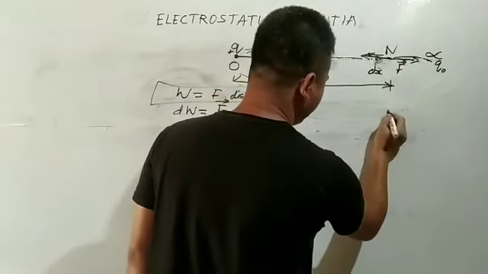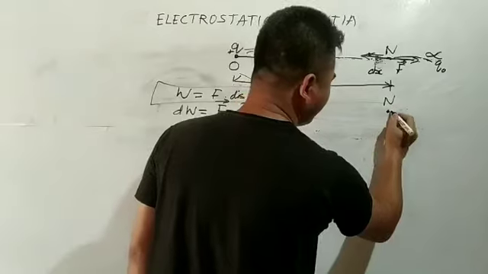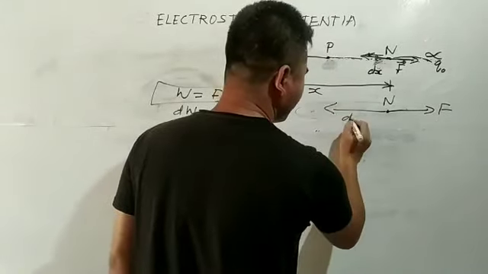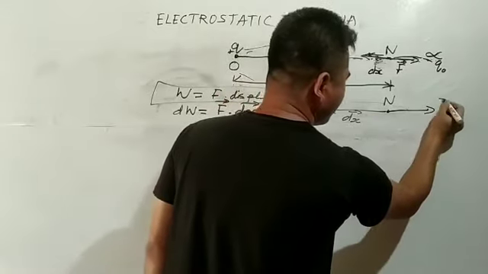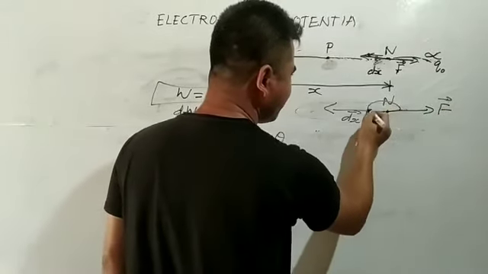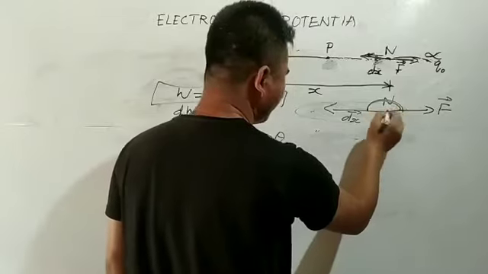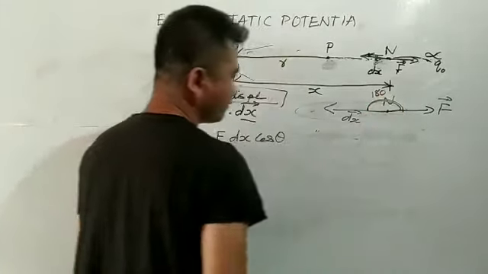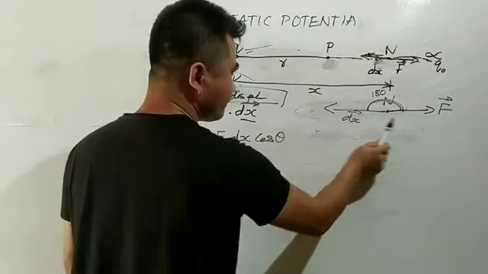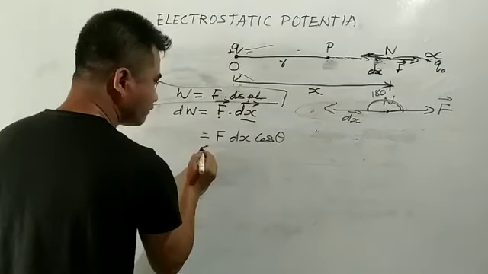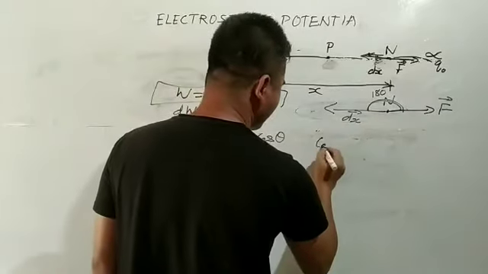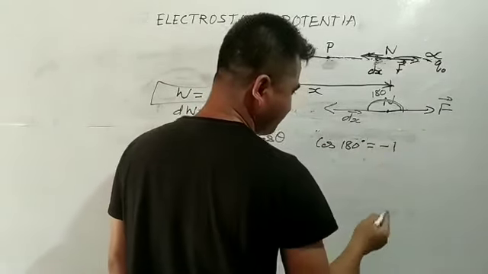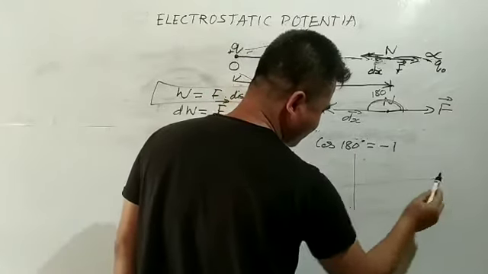If I draw here, this is point N, F is in this direction and dx is in this direction, right? So this angle is 180 degrees between dx and F. What is cos 180 degrees? Cos 180 degrees is minus 1.